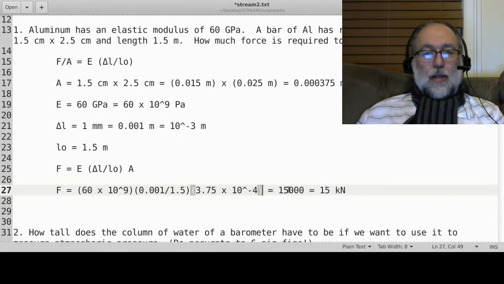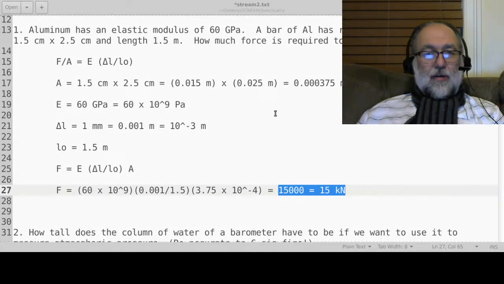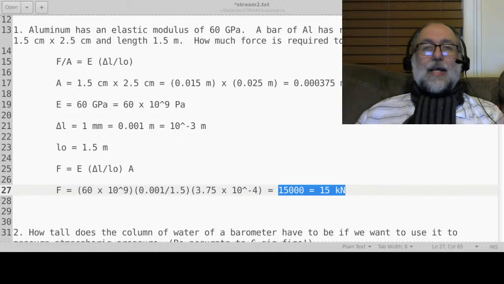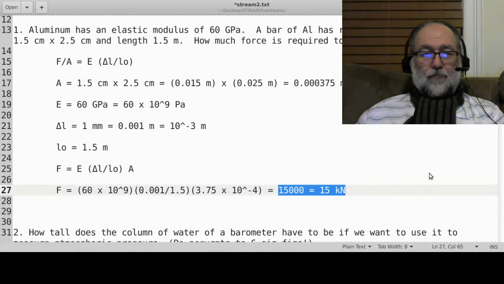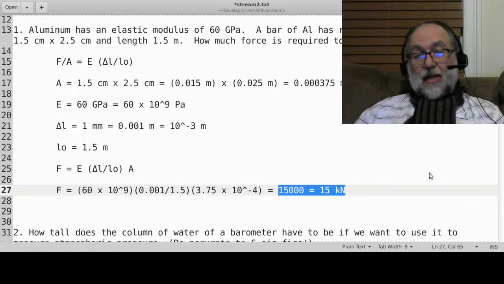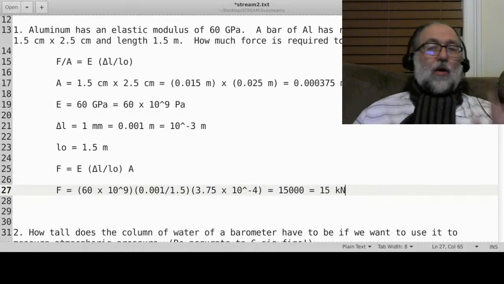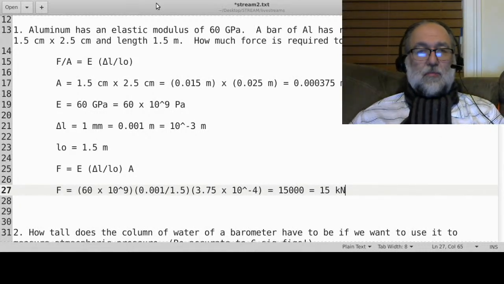Let me see, what if I put 70 there? Yes, okay. If you use 70 gigapascals, then it's 17,500 newtons. But with 60, it's actually 15,000. Actually, Dave, you did say that. All right, so it looks like that's been resolved.